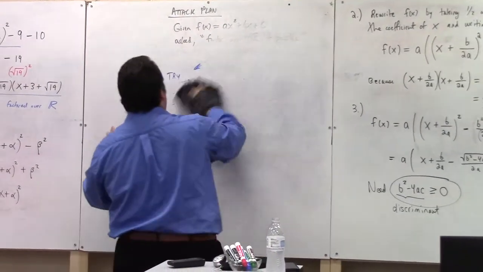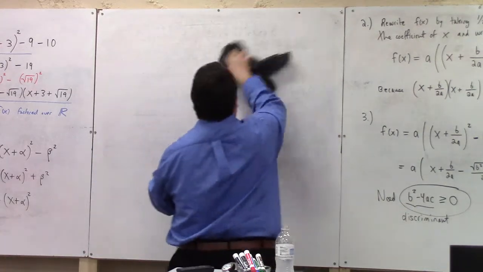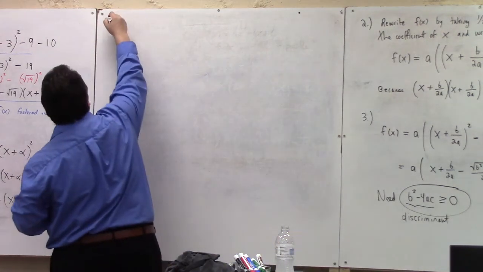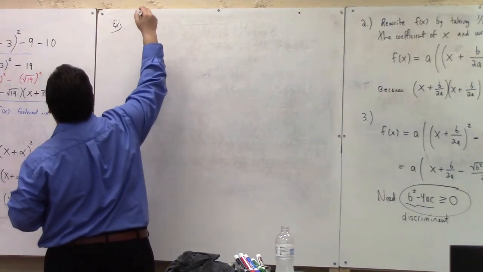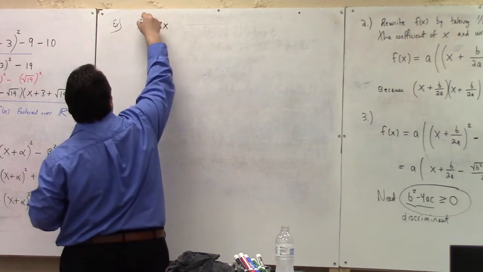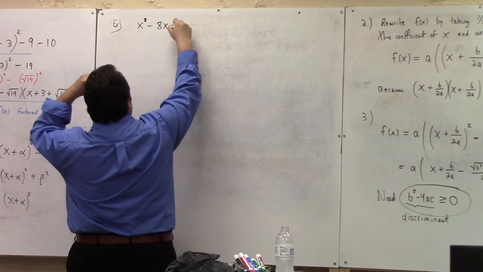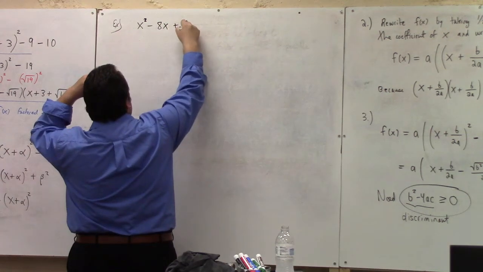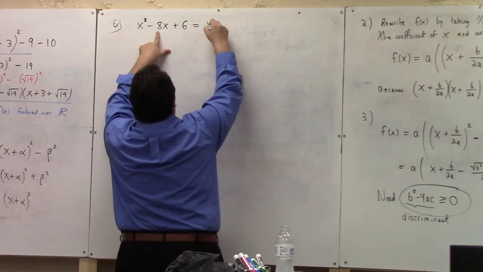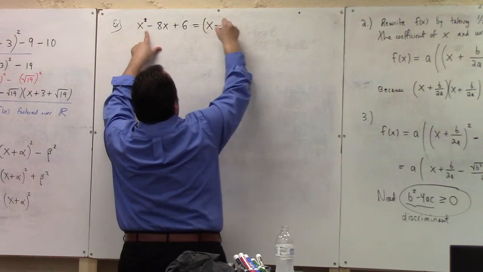Look, I could talk more about it, but it's probably better for us to do another example. x squared minus 8x plus 6. All right, so we take half of that, which is what? 4. But it's got a minus, so we keep the minus. x minus 4, quantity squared.